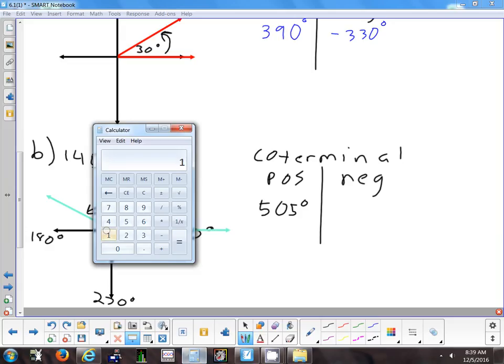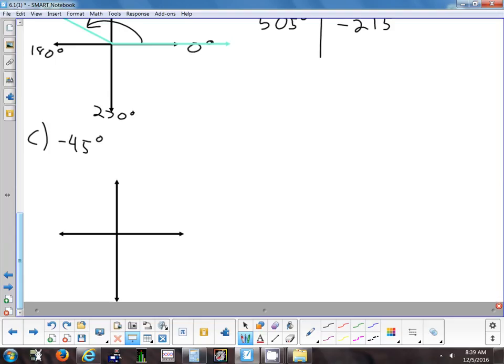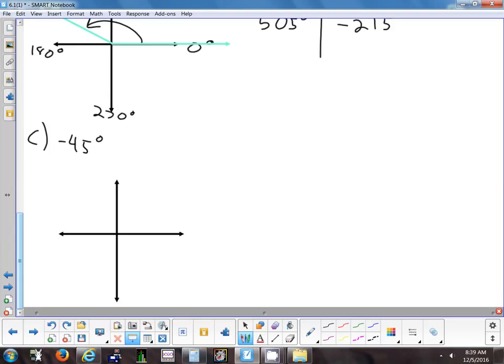If you want to find one that's negative, just subtract 360, and you get negative 215. Okay, and the last one we'll do like this is negative 45. What's the difference between example C and example A and B, especially when I draw it? What's going to be the difference?